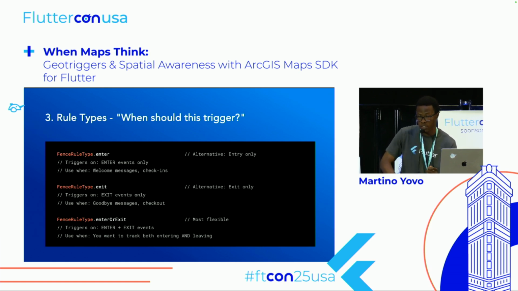The second one is for when the user is exiting a zone. So for this one you can use the fence rule type .exit. And the third one is enter or exit. So for this one, it can trigger when the user is entering a zone or when the user is exiting a zone. And for our case, this is what we're going to use.